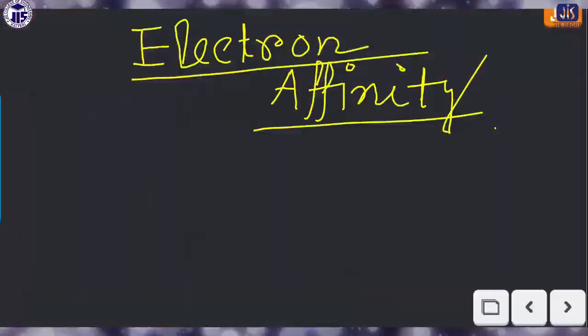What is electron affinity, or another name, electron gain enthalpy? How can we define the electron gain enthalpy? For an isolated gaseous atom, suppose we are taking any atom X in gaseous state.